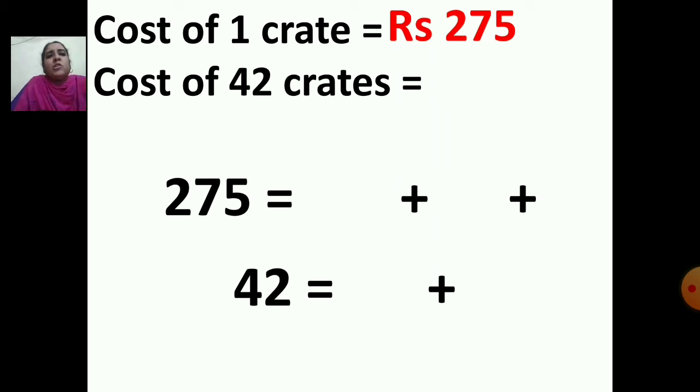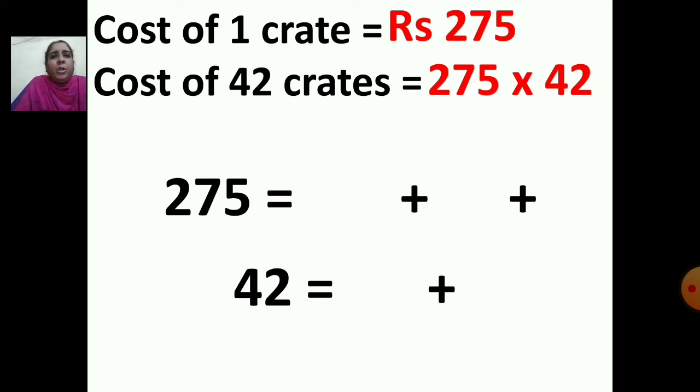The cost of one crate is rupees 275. We have to find the cost of 42 crates. So what will you write? 275 multiply by 42.